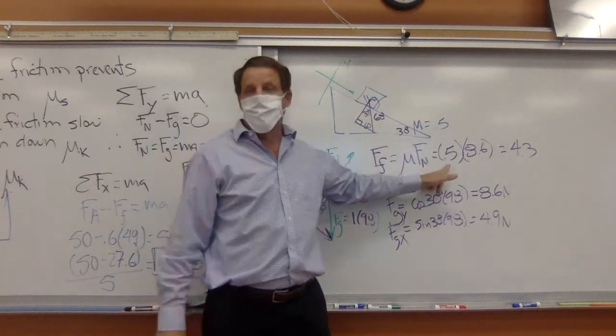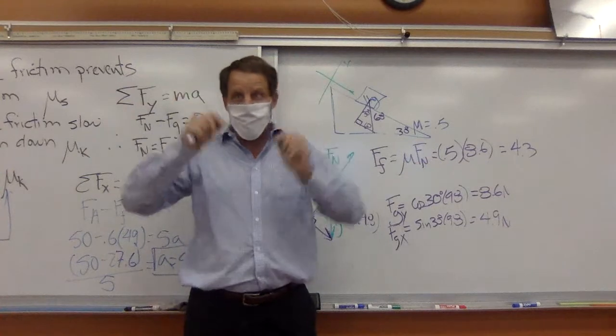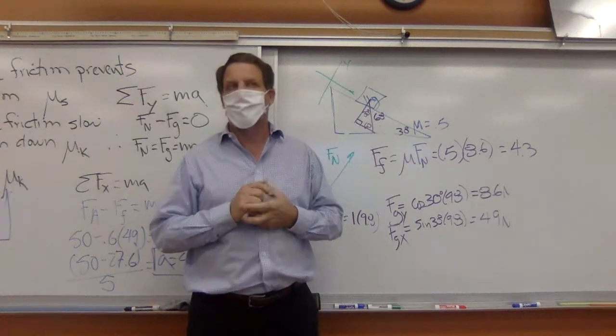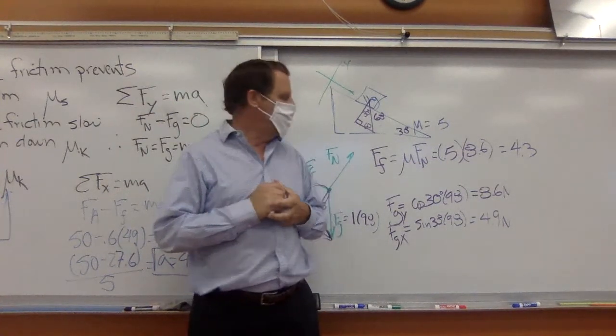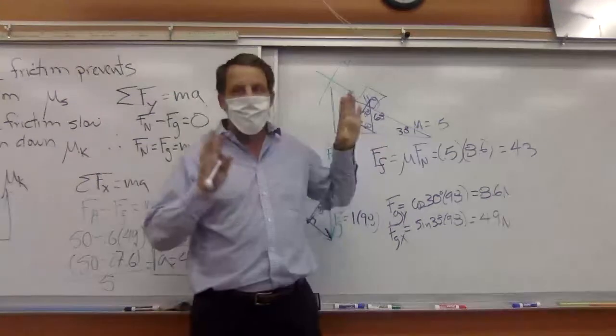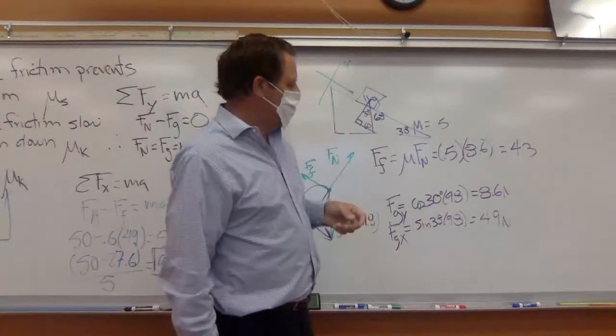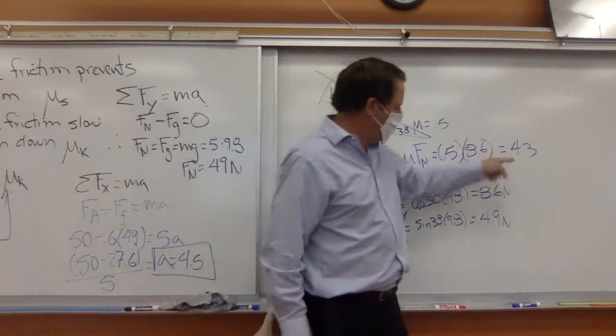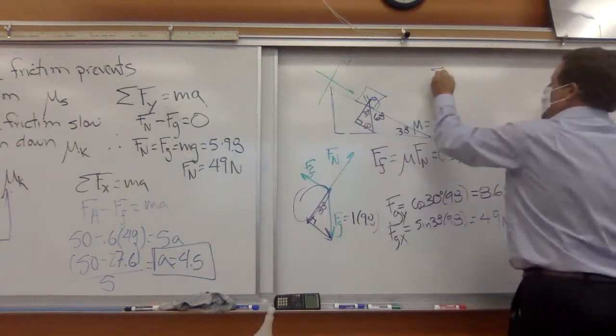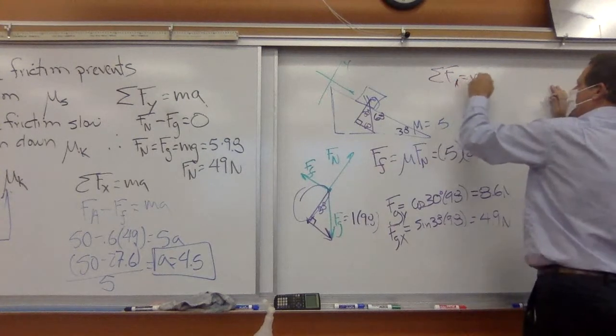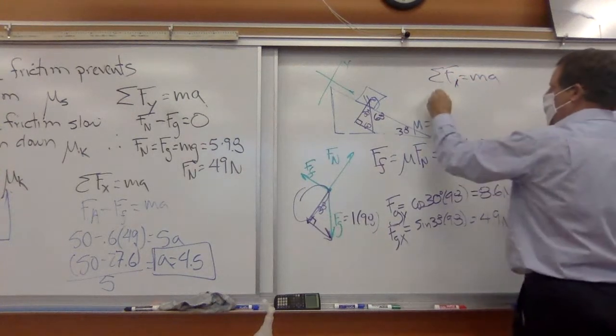All right, now, again, we made this a little more generic and did not distinguish between kinetic or static. So let's say if it's both, if they're equal to each other, then the sum of the forces in the x is going to equal ma.